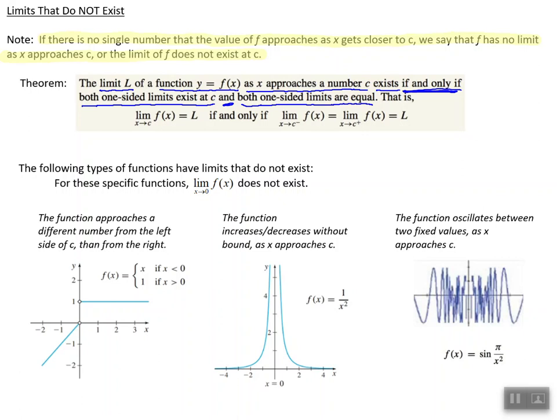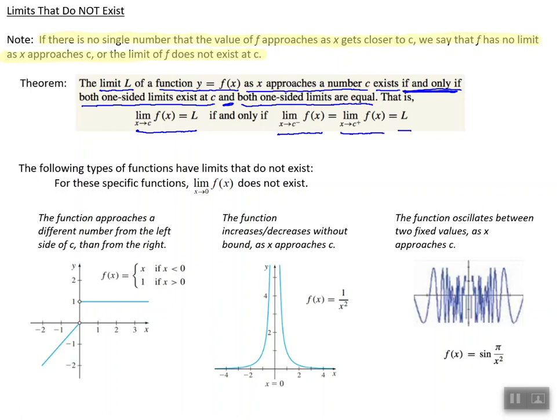Using our notation, that means the limit as x approaches c of f of x equals L if and only if the limit as x approaches c from the left of f of x equals the limit as x approaches c from the right, which equals a number L.